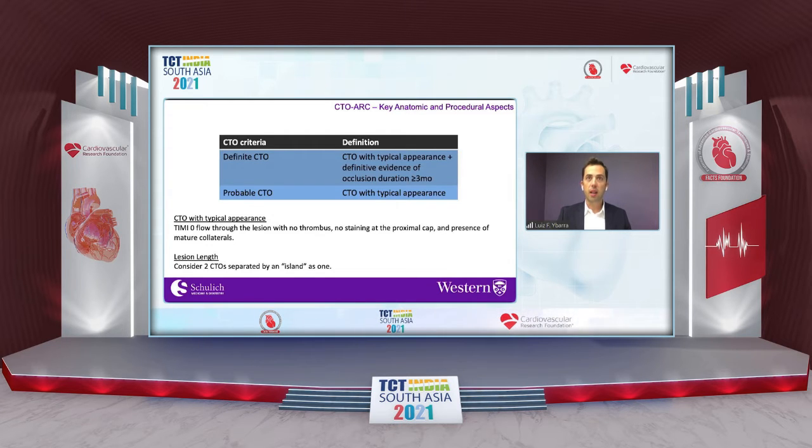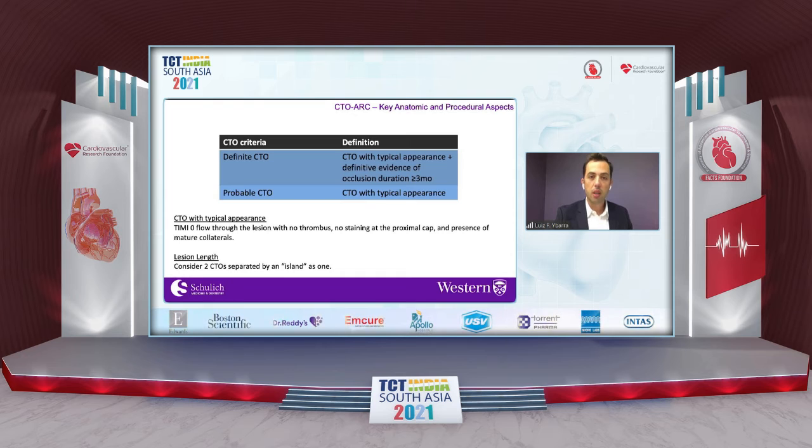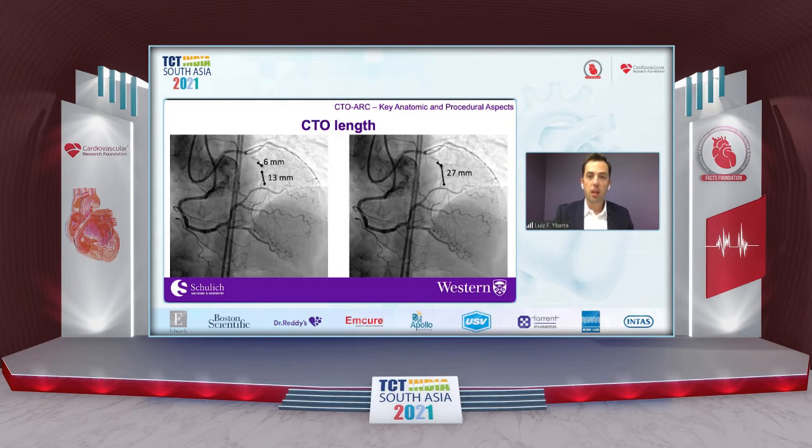I would like to highlight how 2 CTOs divided by an island should be measured, from the proximal cap of the proximal CTO to the distal cap of the distal CTO. And here I'm going to show you an example of such a case. We have 2 CTOs in the LAD measuring 6 millimeters and 13 millimeters, and if you combine them, you end up with a CTO of 27 millimeters.